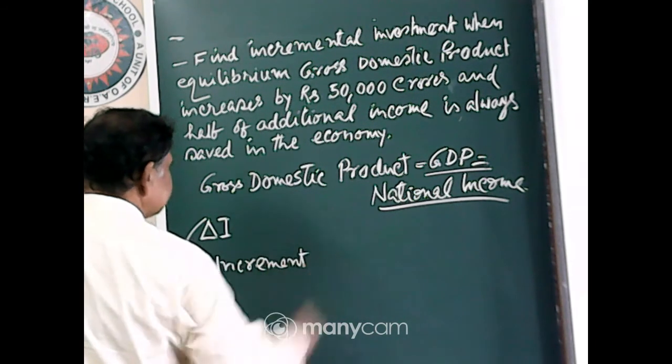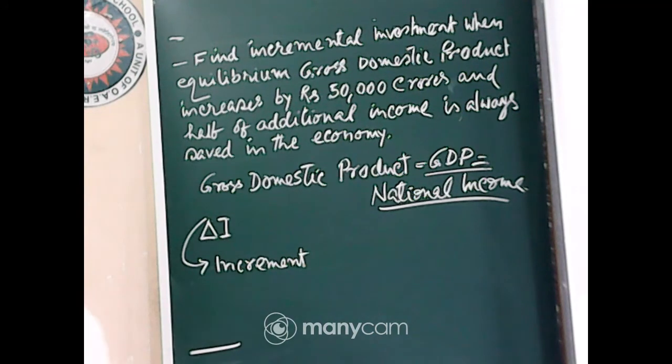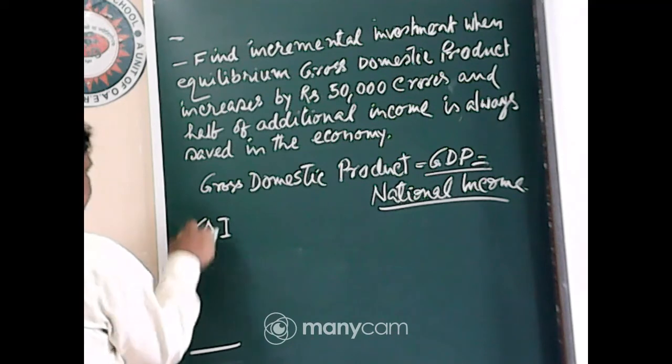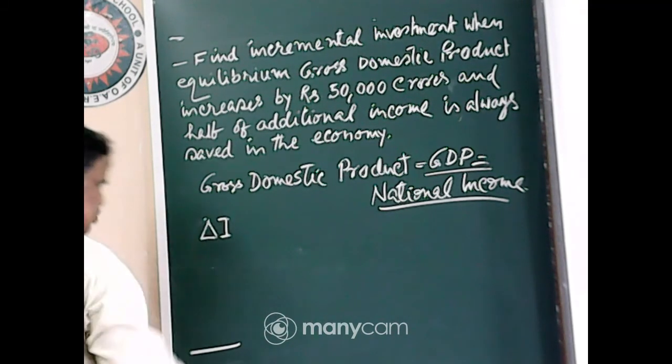In any case, it may be delta I, it may be delta Y, it may be delta S, it may be delta C, whatever it may be. So it is called delta I. Delta means small change in investment.